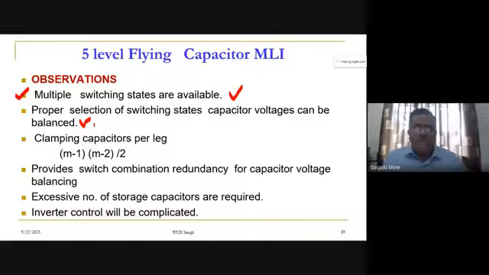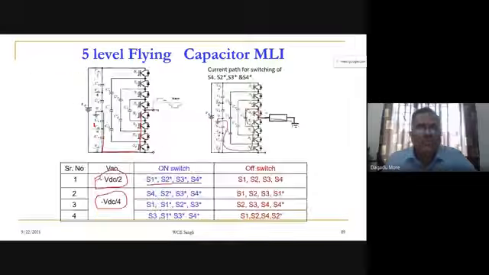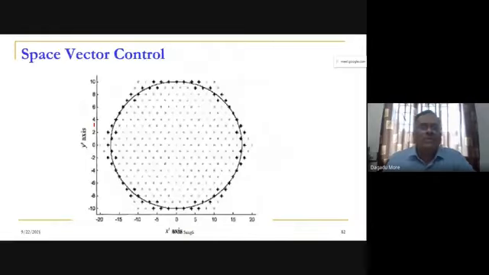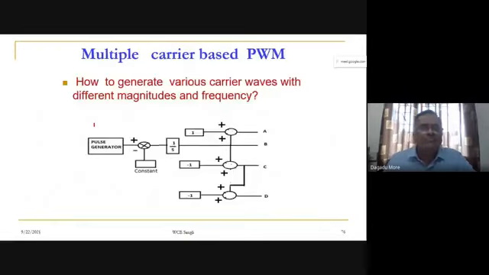Whereas in the diode clamped multi-level inverter, whatever configuration we studied last time, we have 4 DC link capacitors.